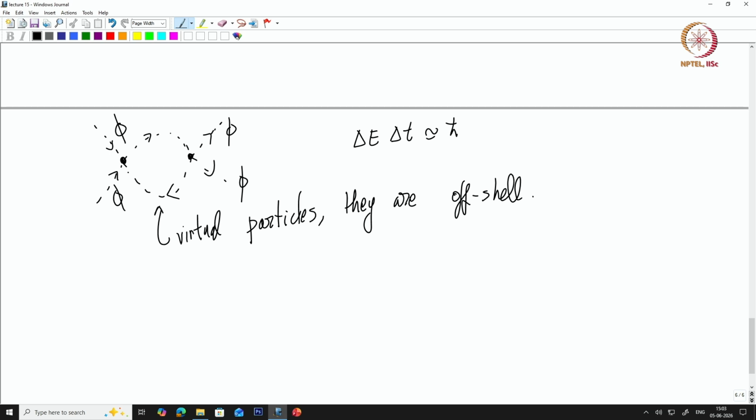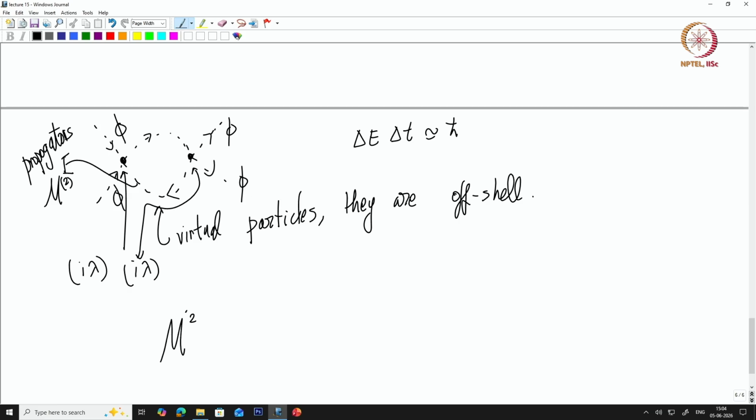Now how do you calculate this higher order amplitude? Here you have one vertex, and a second vertex here. There is an i lambda factor here and an i lambda factor here, and in between you have propagators. Now let me call this amplitude M2 because it is second order. How would I calculate it? M2 is equal to the first vertex i lambda, then there is a propagator.